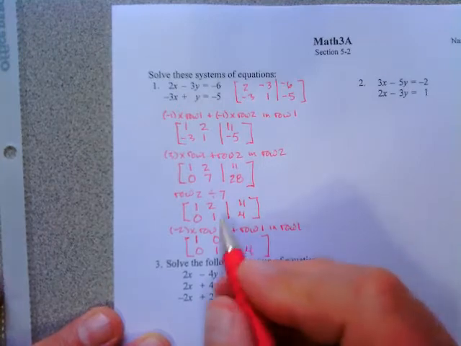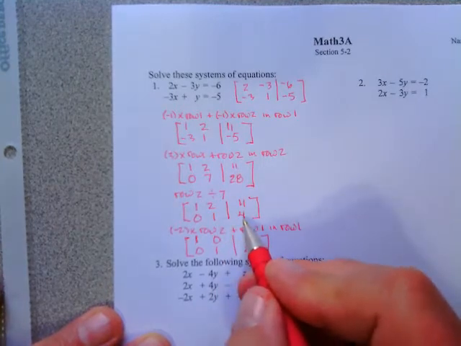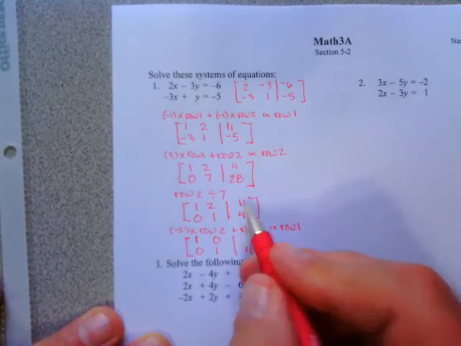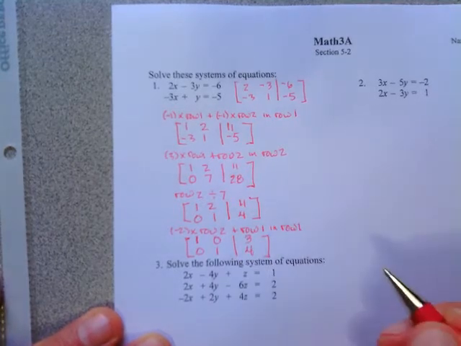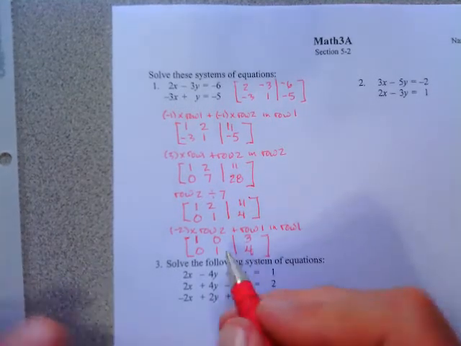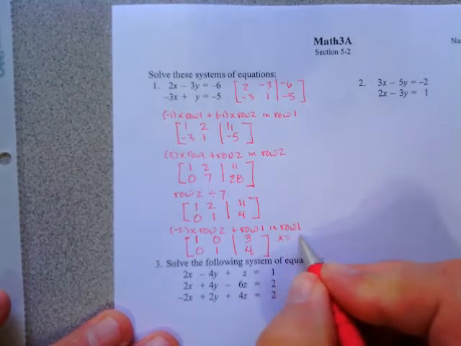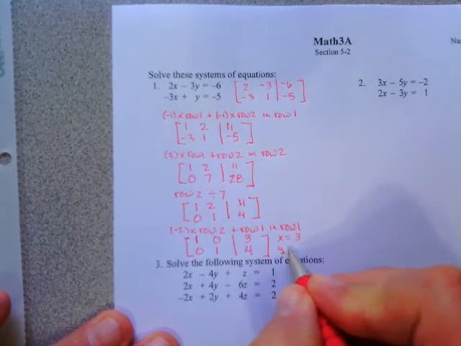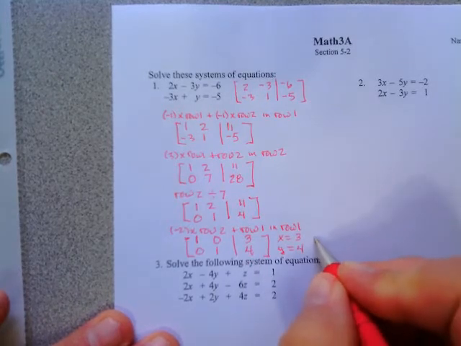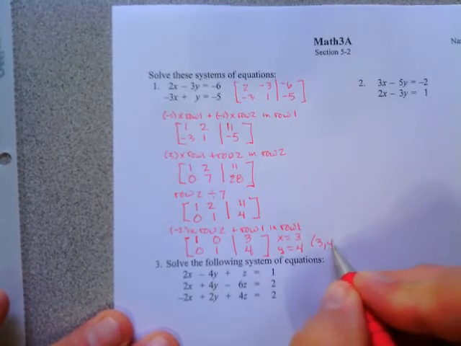Over here, negative 2 times the 4 is negative 8, negative 8 plus 11 gives me 3. So now I have the form I want. x equals 3, y equals 4, and my answer is (3, 4).